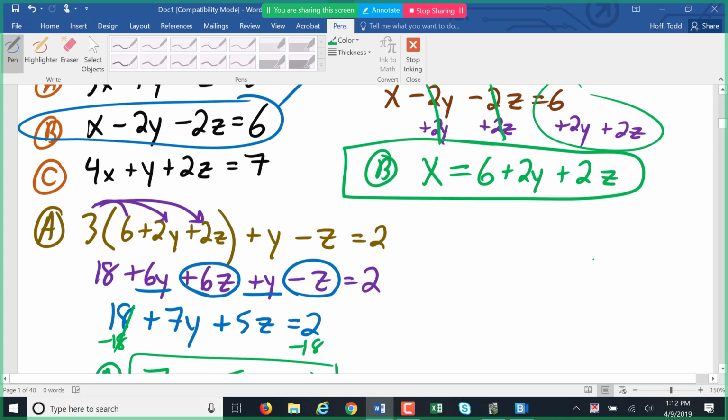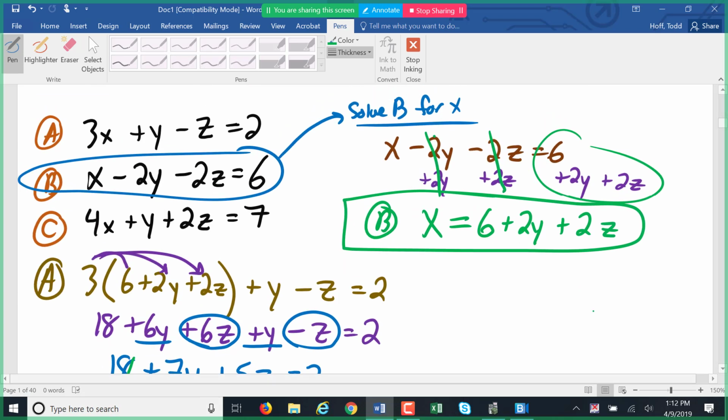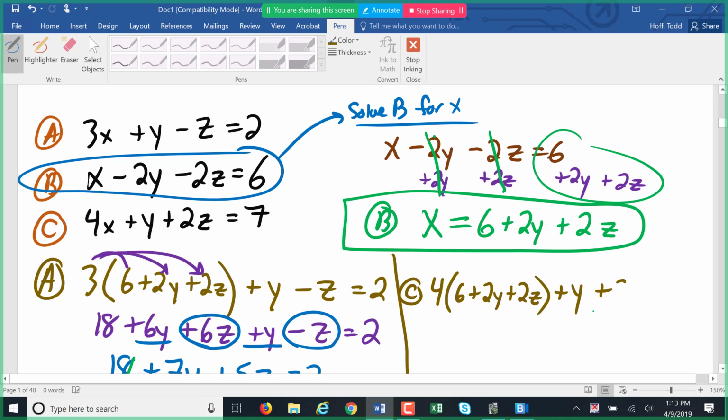Which equation have I not yet used? C. So let's look at C. 4x, well, instead of x, it's going to be 4 times 6 plus 2y plus 2z, plus y plus 2z equals 7. Again, I just replaced x with 6 plus 2y plus 2z.